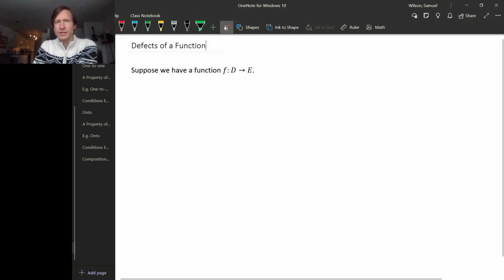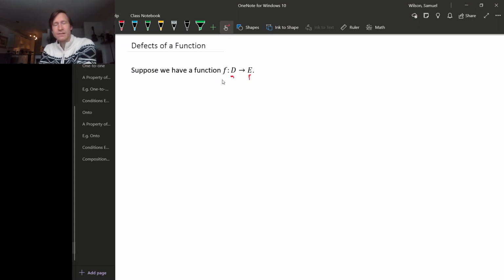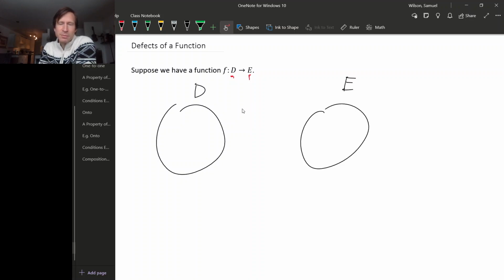Suppose we have a function that goes from some domain D to some codomain E. So there are a couple ways that such a function can be problematic. So if this is our domain D and here's our codomain E, and f is some function, some way of assigning values in E to things in the domain D. So in this diagram, each dot represents some item that's in the domain or some item that's in the codomain.